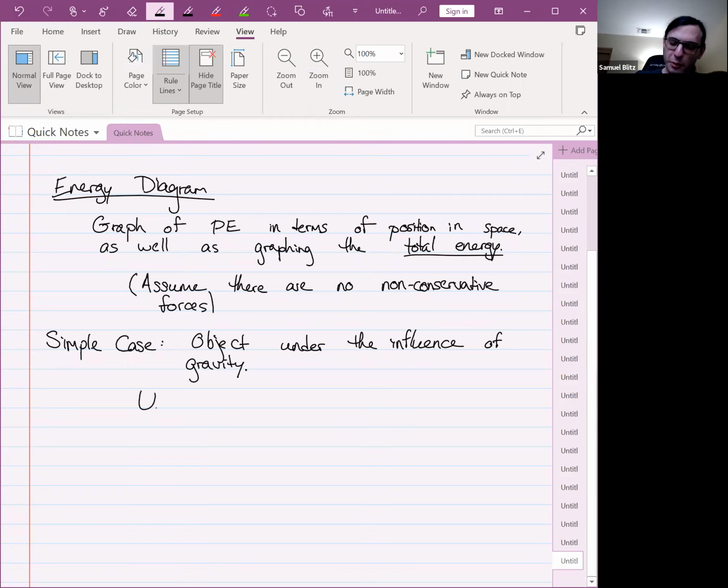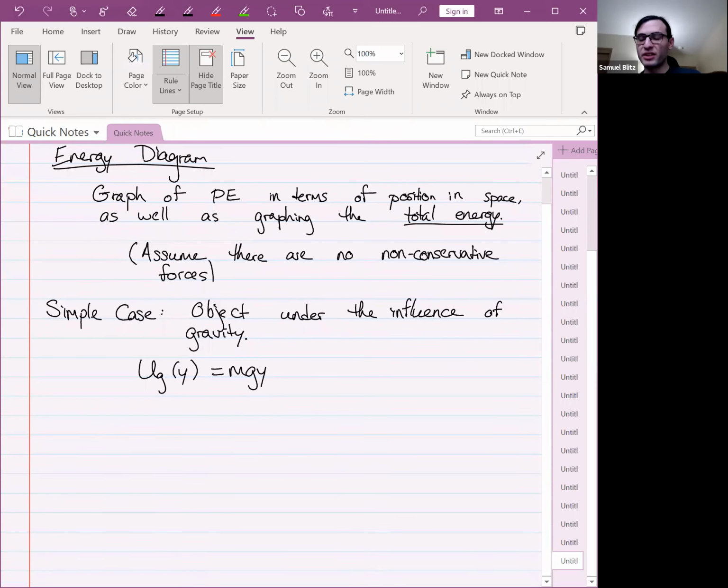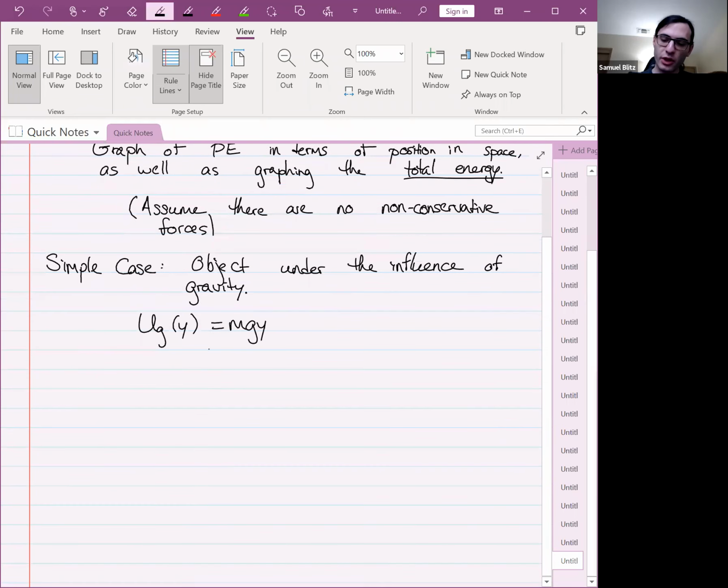So we know that the potential energy function for an object under the influence of gravity, U sub g, as a function of y, so the potential energy varies with vertical height, y, is just mgy. Now we could add a constant. All that would do would be shift up all of our graphs. So we choose to make that constant 0. It doesn't actually matter though. So then our plot looks something like this.